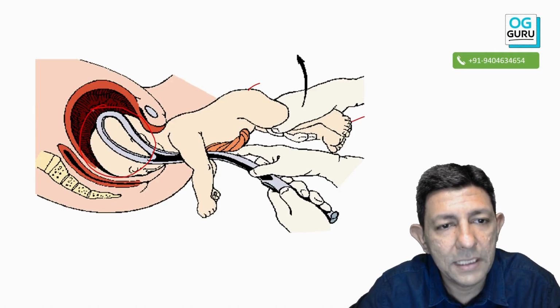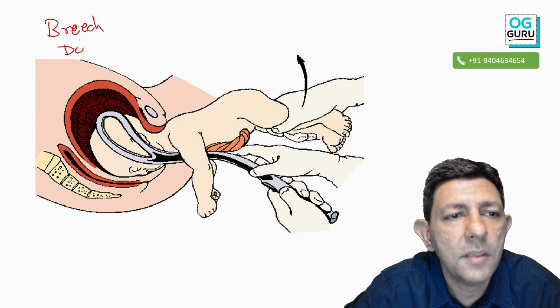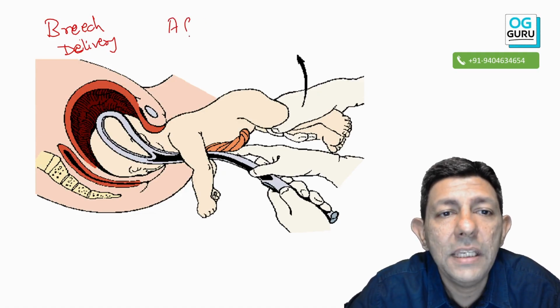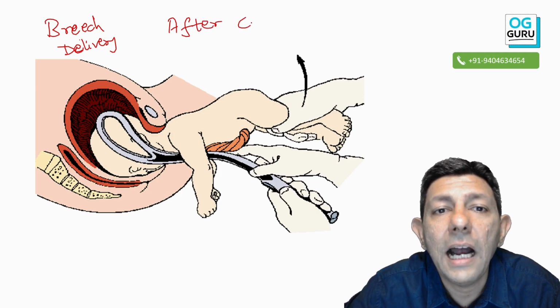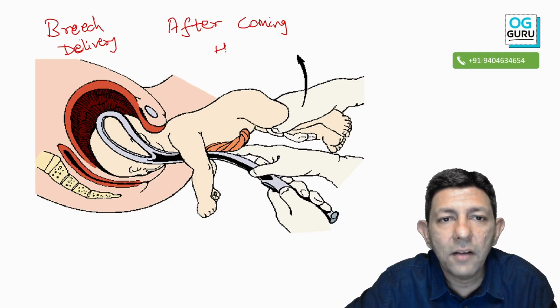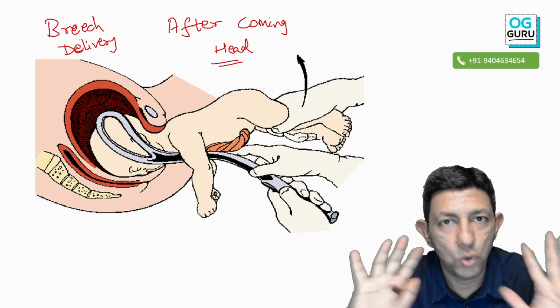So basically this is a breech delivery. Logic is simple: breech delivery, and the head is inside, so we are delivering the after-coming head. The delivery of the after-coming head is being shown to you.